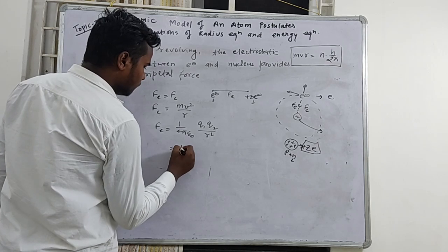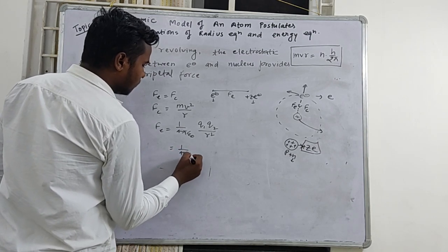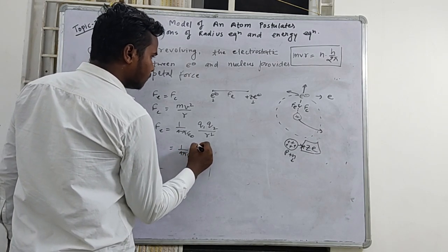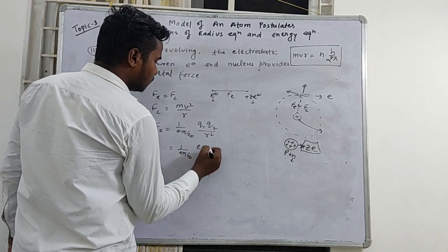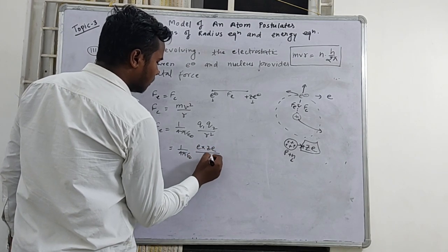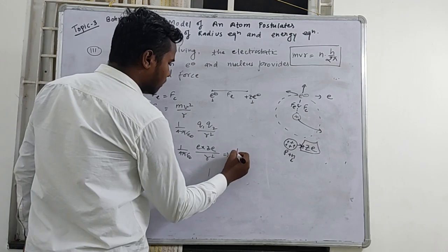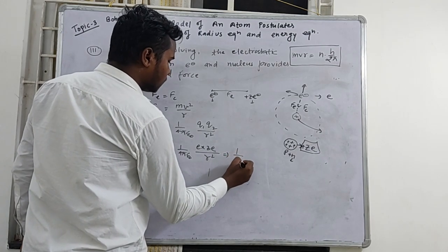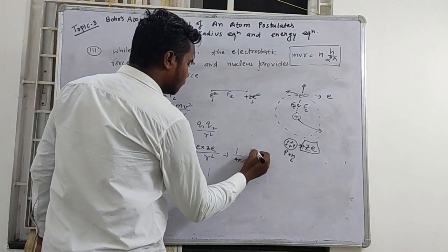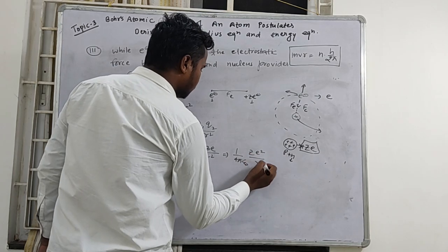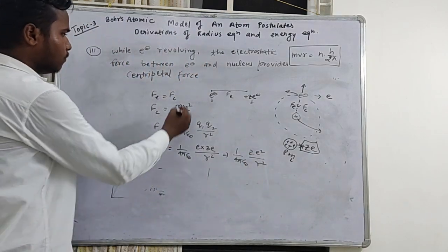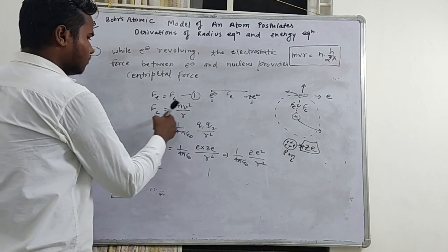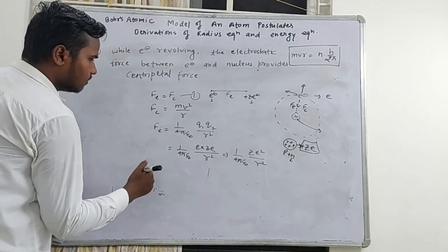So 1 upon 4 pi epsilon naught, e into Ze divided by r square, which gives 1 upon 4 pi epsilon naught Ze square divided by r square. We put both values in equation 1.